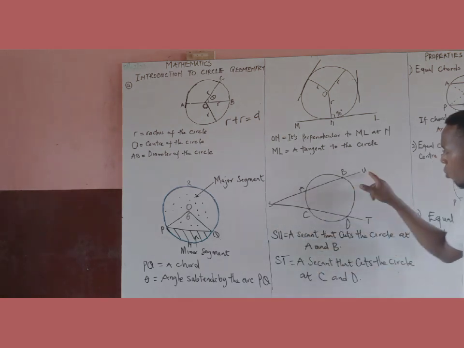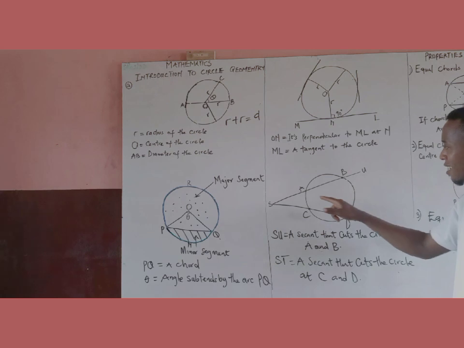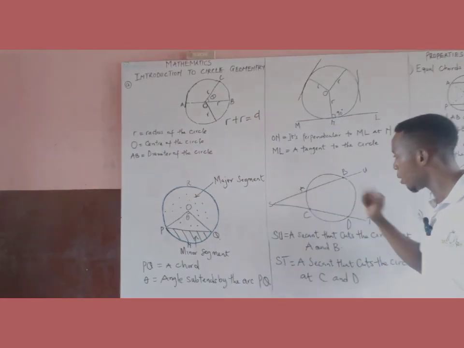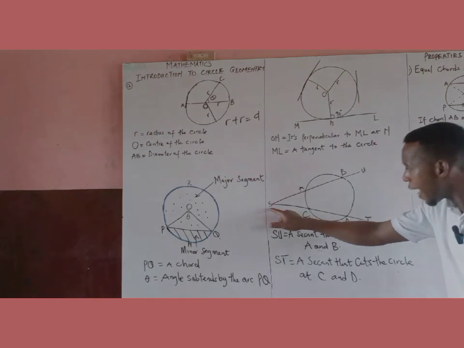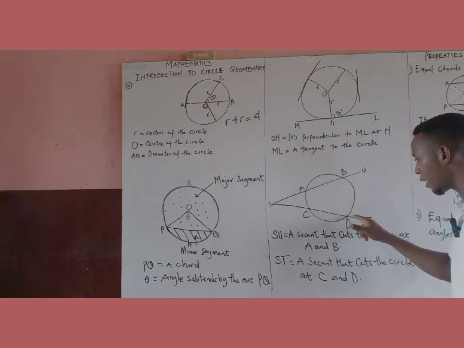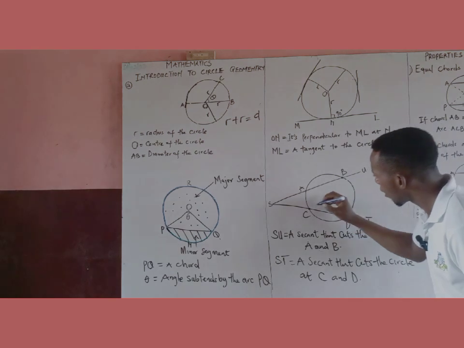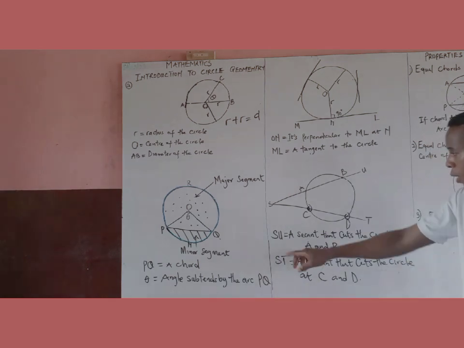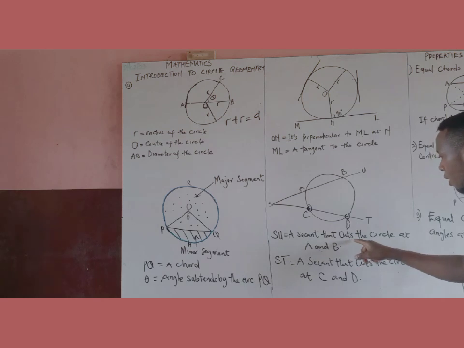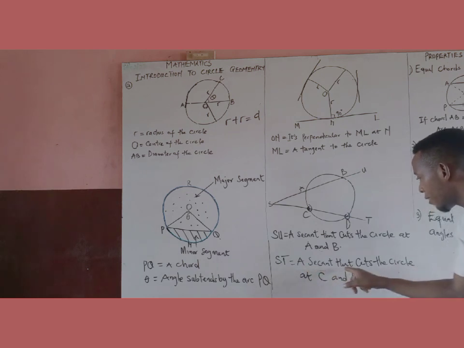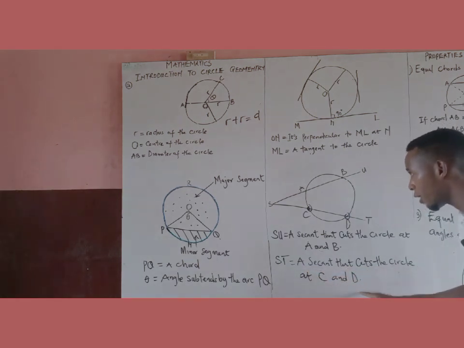You can see here that SU is a straight line and it cuts the circle at points A and B. Similarly, ST is also a secant because it cuts the circle at points C and D. So SU is a secant that cuts the circle at A and B, and ST is a secant that cuts the circle at C and D.